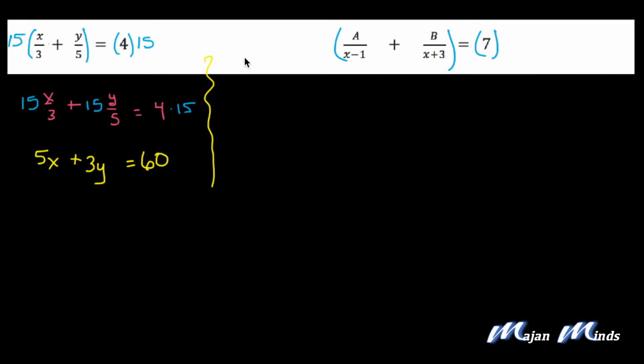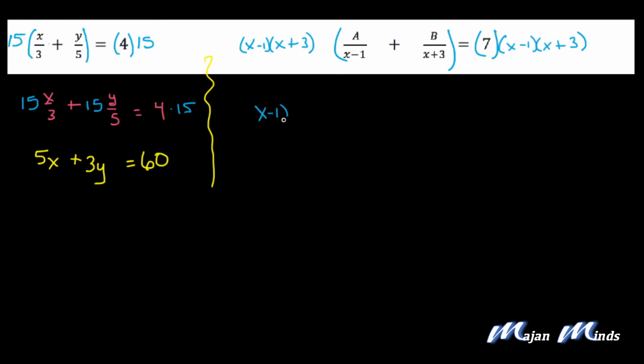So what am I going to multiply over here by? These denominators multiply together. So it's going to be multiplying by x minus 1 and multiplying here by x plus 3. Then on this side, we're going to multiply by x minus 1 and x plus 3. We're doing the exact same thing to both sides of the equation, so it's going to stay balanced.